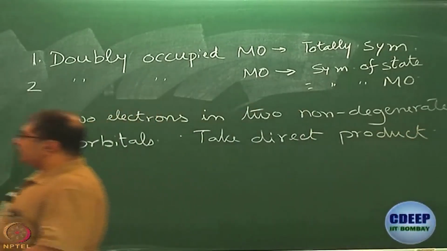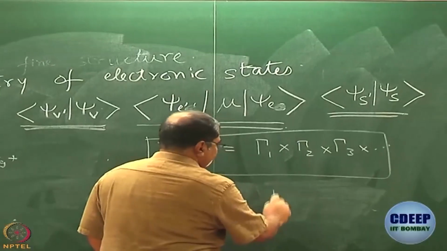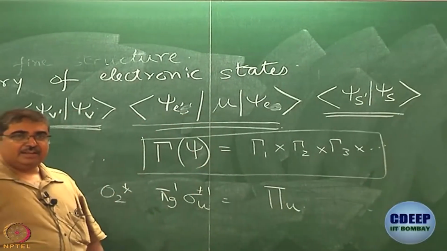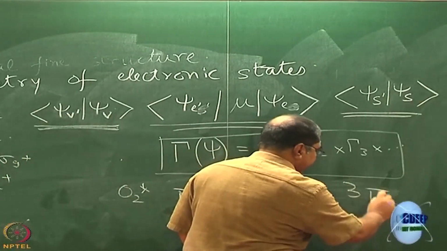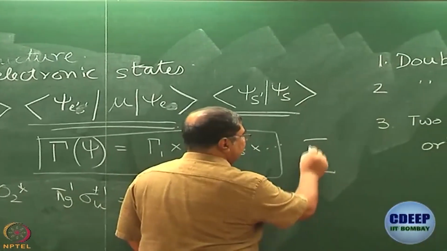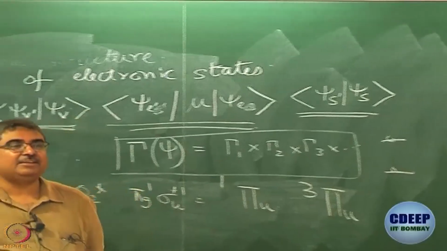But tell me, how many states do I generate from here? First of all, I do not write pi U like this, I write pi U like this. For state it is capital, and will I get singlet pi U or will I get triplet pi U? This is the situation, I have one electron here, one electron here. Should I write singlet or should I write triplet?